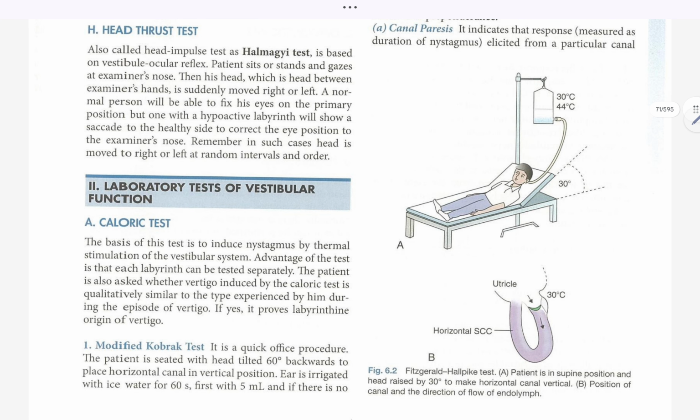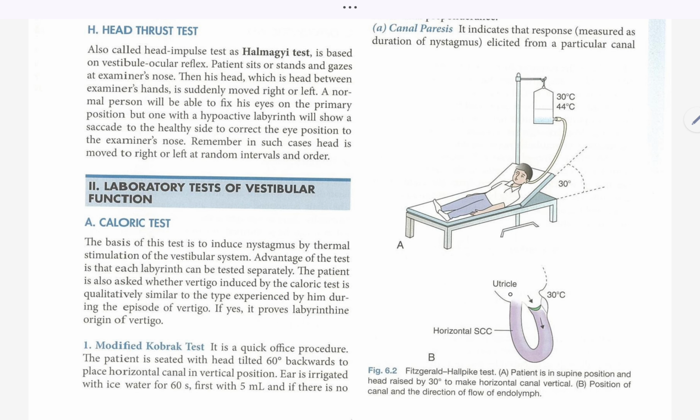Canal paresis indicates a response measured as duration of nystagmus elicited from a particular canal. Fitzgerald-Hallpike test. A. Patient is in supine position and head raised by 30 degrees to make horizontal canal vertical. B. Position of canal and the direction of flow of endolymph.